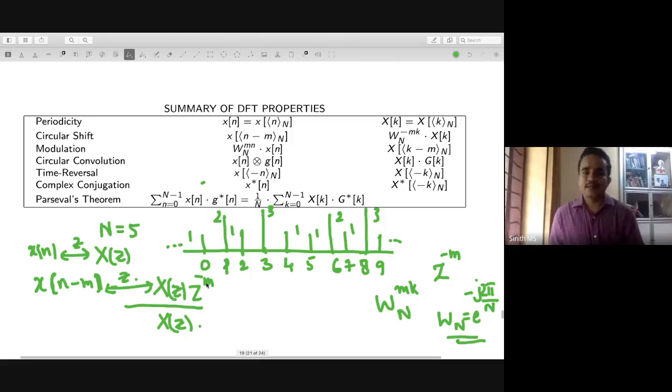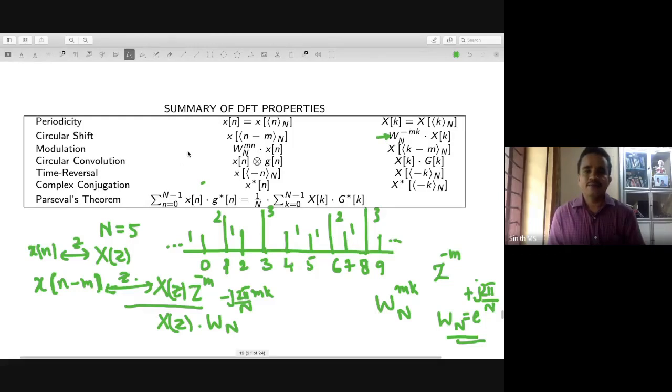Instead of z raised to minus m, you will have W_N raised to minus mk into capital X[k], that is the DFT.